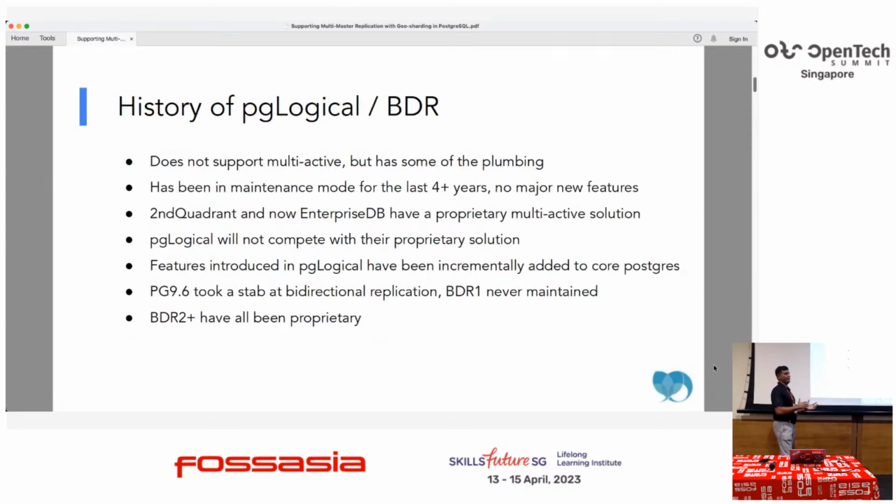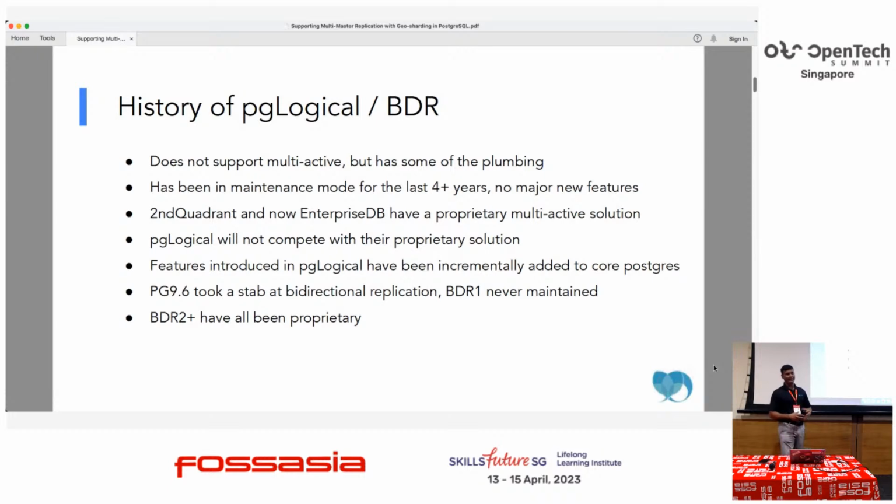And we slowly fast forward to multi-master replication, and what was the history behind multi-master and multi-active systems that were available in the Postgres ecosystem? We had one that was based off of 9.4 and 9.6. That was BDR1, the first and foremost version of bidirectional replication. BDR stands for bidirectional replication.